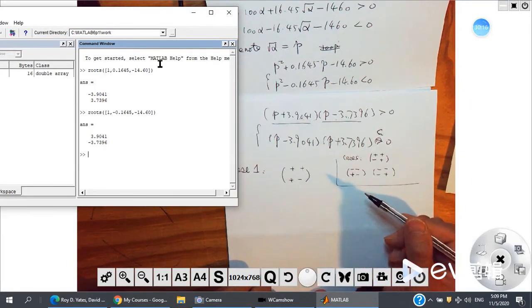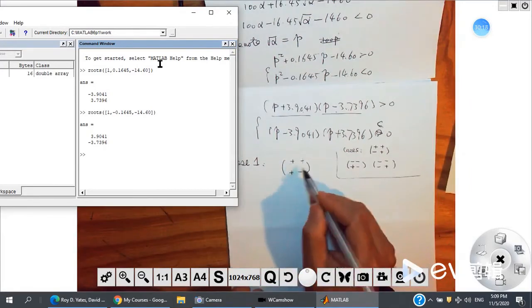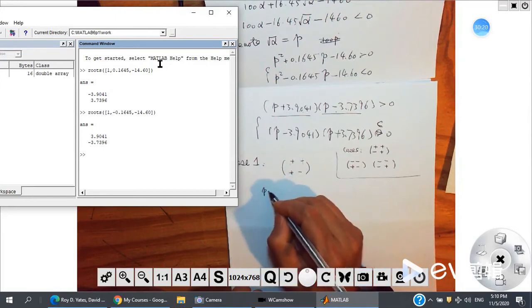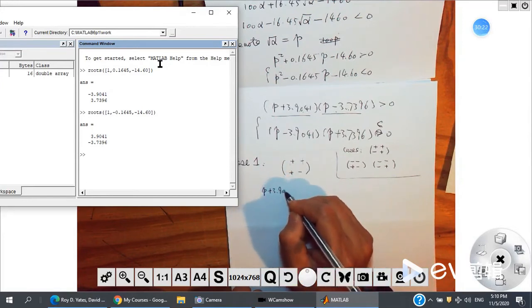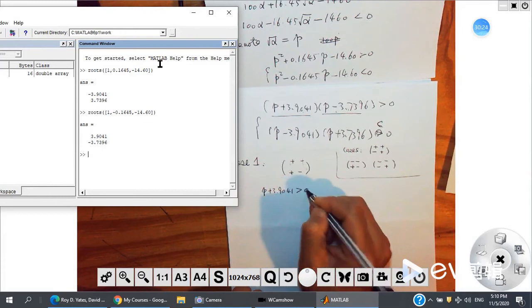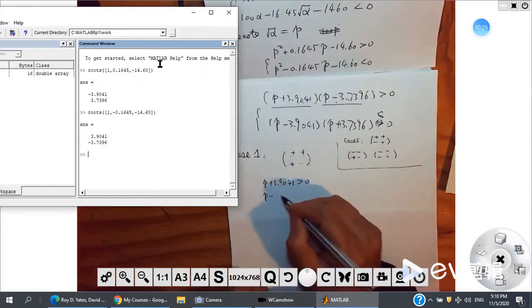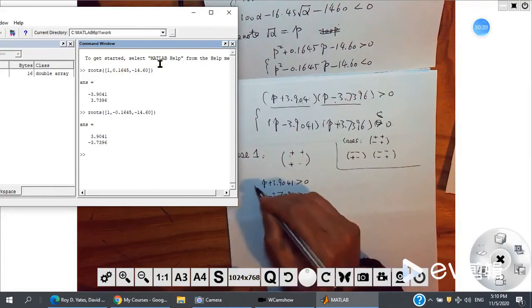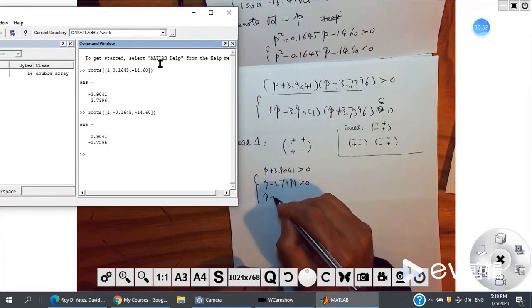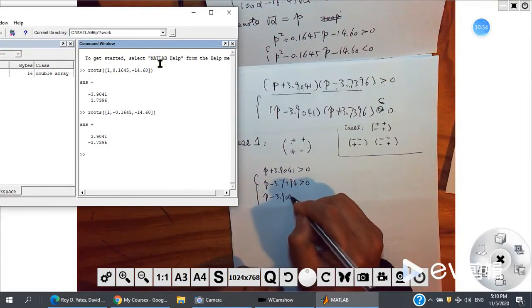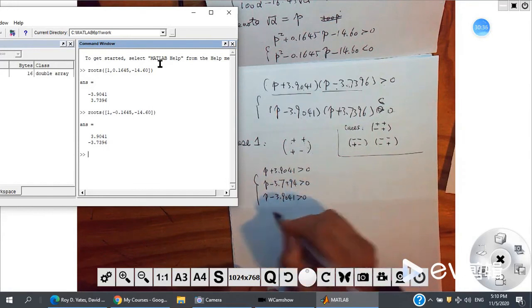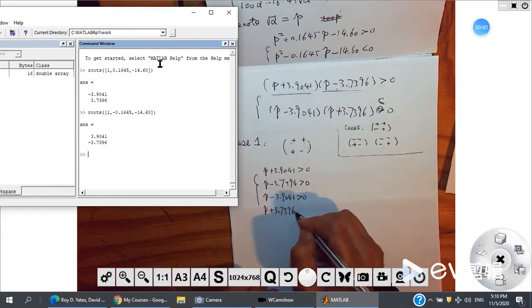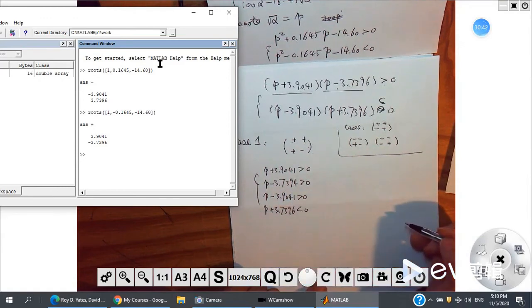So we check this one firstly. It gives us P plus 3.9041 positive, P minus 3.7396 positive, and P minus 3.9041 positive, and P plus 3.7396 negative. I have these four.